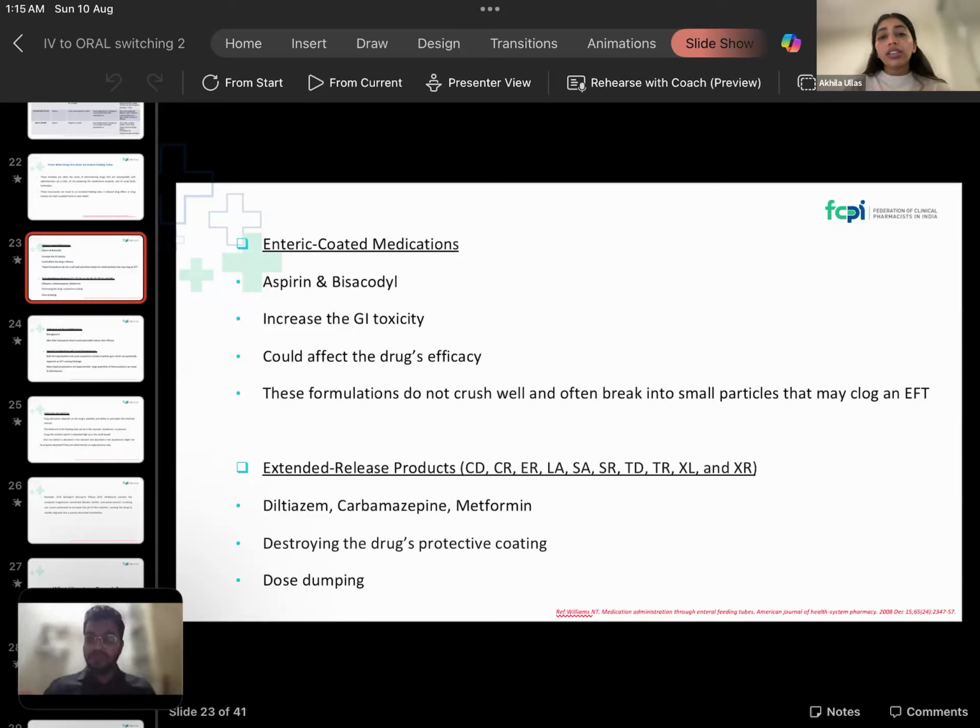So you need to be more vigilant about the components of the medications, the excipients, and the drug interactions which occur if you crush them together.